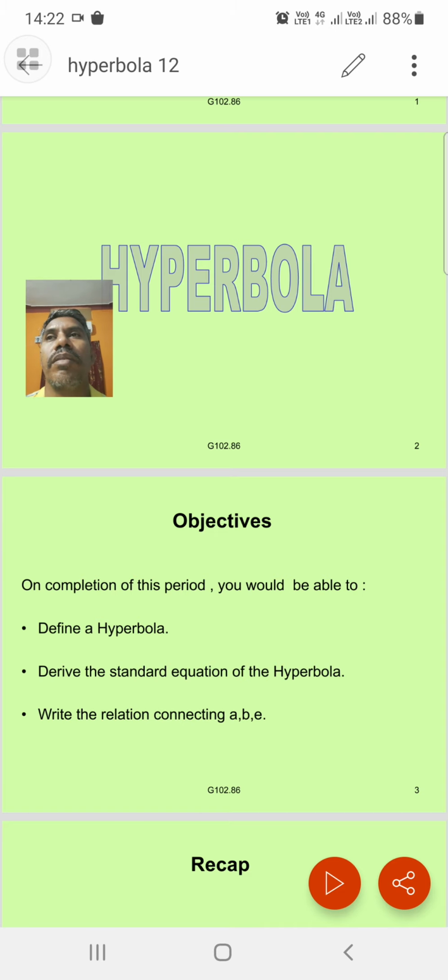P we already know is a point on the curve, and M is the point where the perpendicular from P meets the directrix or fixed line, that is PM. From P to M, M is on the fixed line or directrix. So this SP by PM we can say is the eccentricity. So SP by PM equals e.